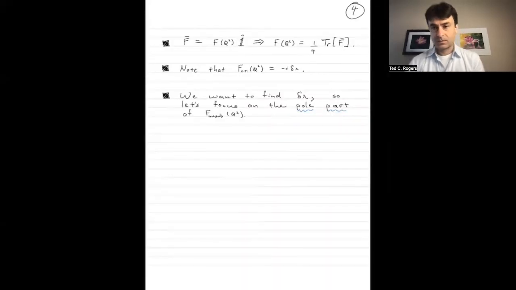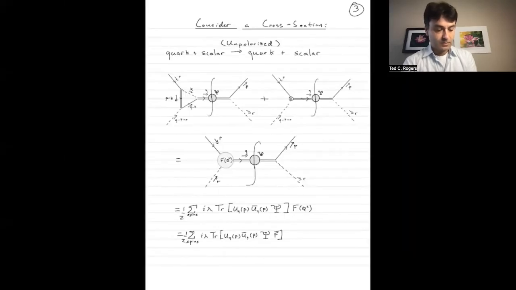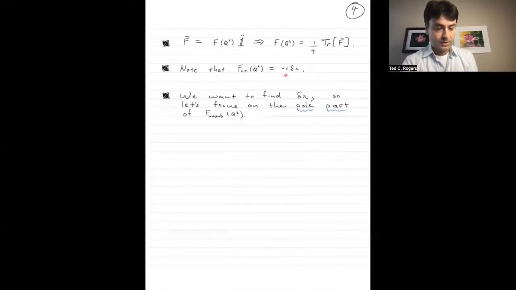So I hope that's clear. And then I also have to note that, well, if I look at this contribution, then I would just have a minus i delta lambda there. Minus i delta lambda.